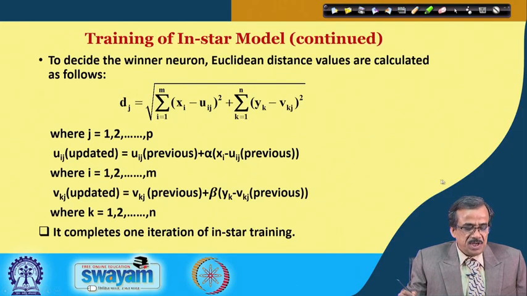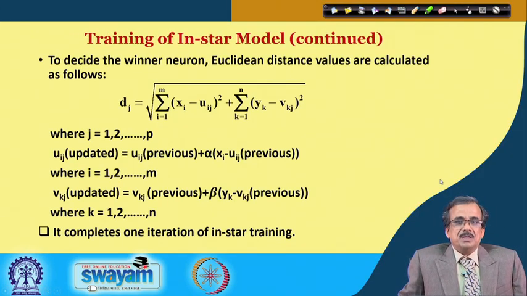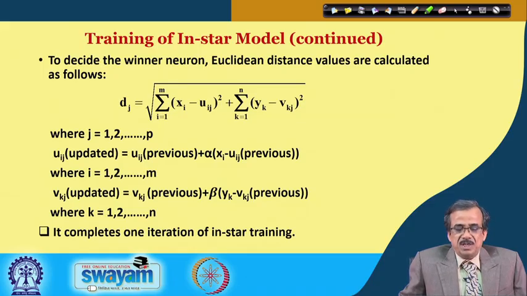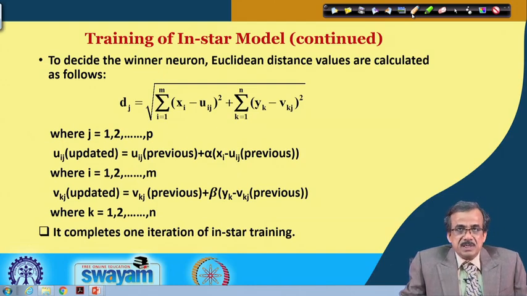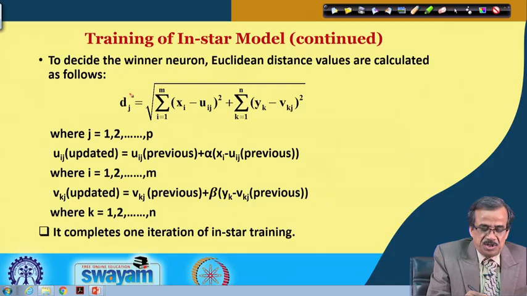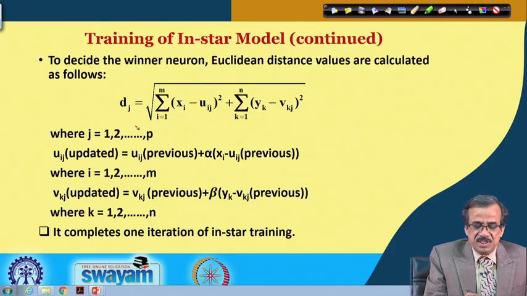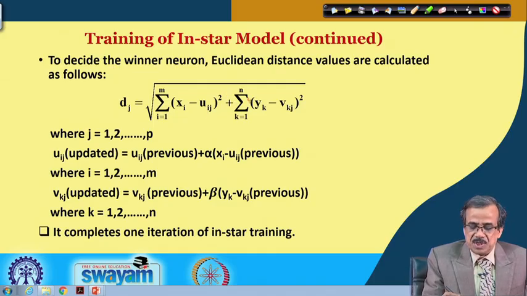Now, the way this particular winner is declared is as follows. We try to find out the Euclidean distance, that is d j. Now, what is d j? This is nothing but the square root of summation i equals 1 to small m, x i minus u i j squared, plus summation k equals 1 to n, y k minus v k j squared.